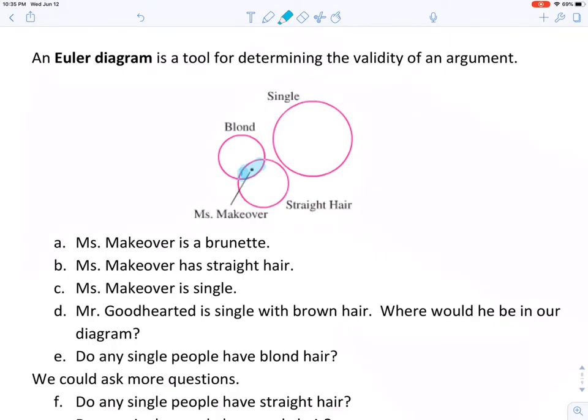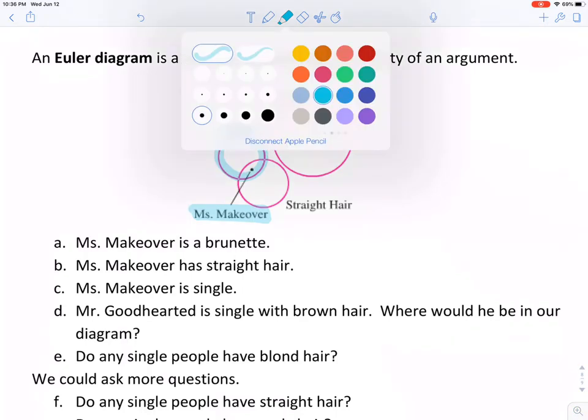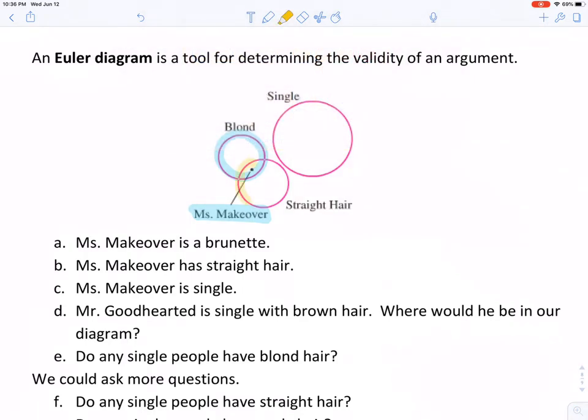Miss Makeover is a brunette. Well, here you'll see Miss Makeover falls in between the blonde and the straight-haired circle. So if she falls in the middle, it means that she is a blonde and has straight hair.